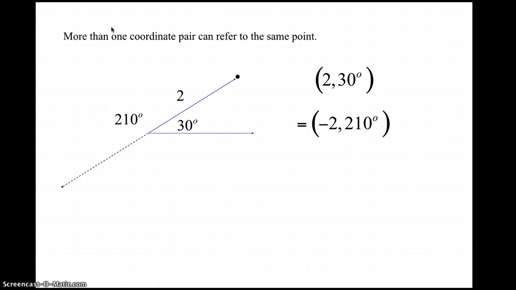If you went out 210 degrees, you would be in the third quadrant, and then to get back to the first quadrant, you would have a negative radius that would reflect over the origin. We could also use -2, -150. If you ever have negative angles, instead of going counterclockwise from the x-axis, you would go clockwise from the x-axis.